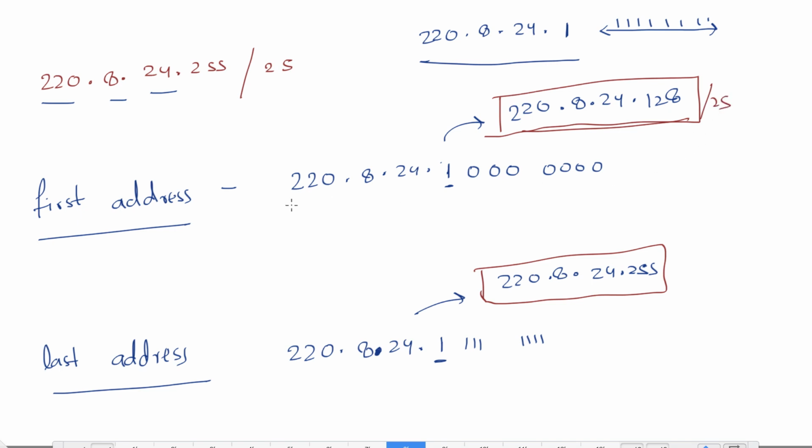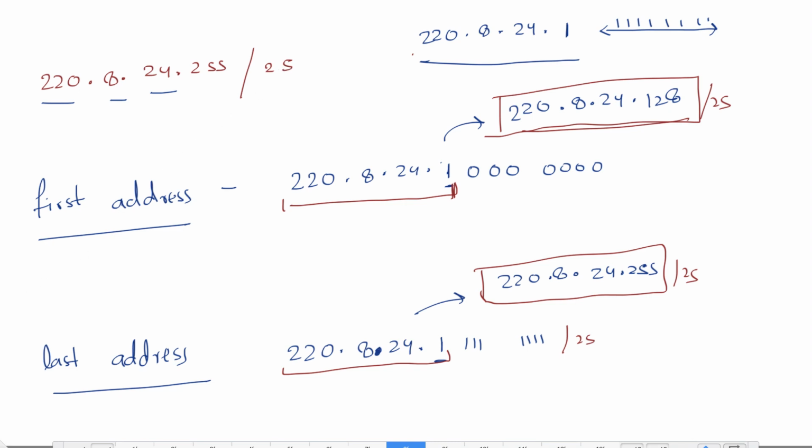So you can write .128/25 or .255/25 or anything else. Apart from the fixed bits, you can change these bits to anything.